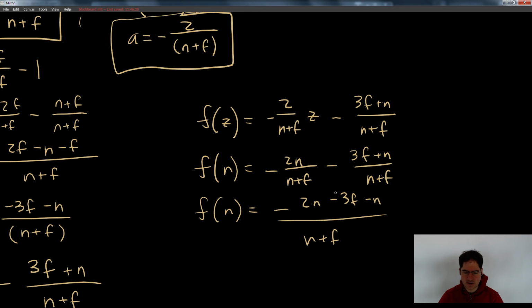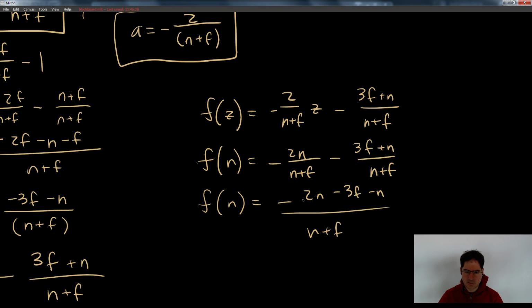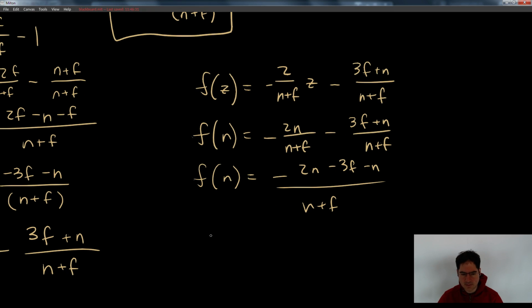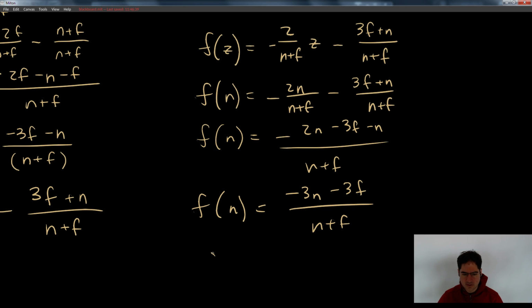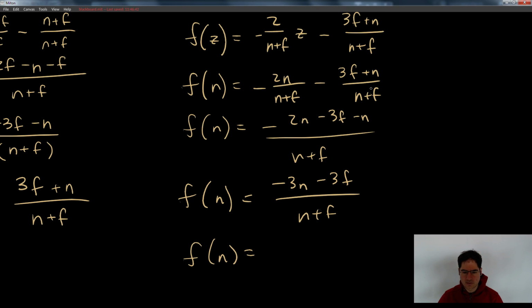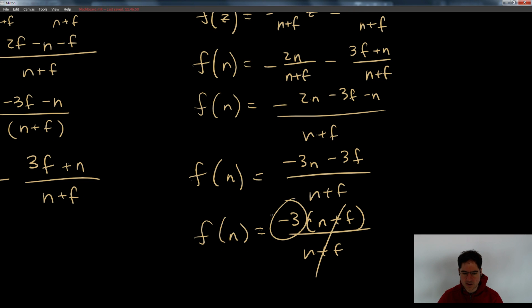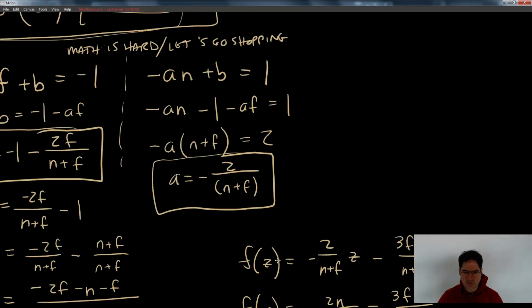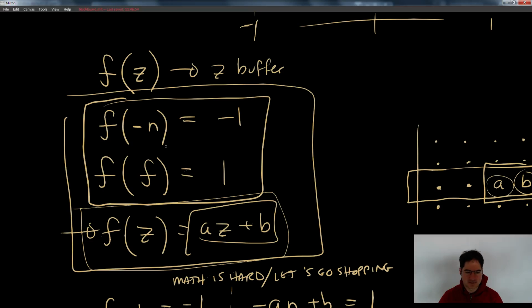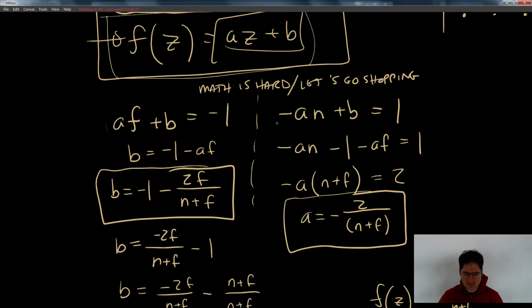You can see I've got a sign bug. I could feel it. I feel like I have a sign bug, but maybe not. Maybe I didn't. So negative 3n minus 3f over n plus f, right? And that's negative 3 times n plus f over n plus f, right? And that's not what I wanted. So I definitely have a sign bug, because it should not have been that.